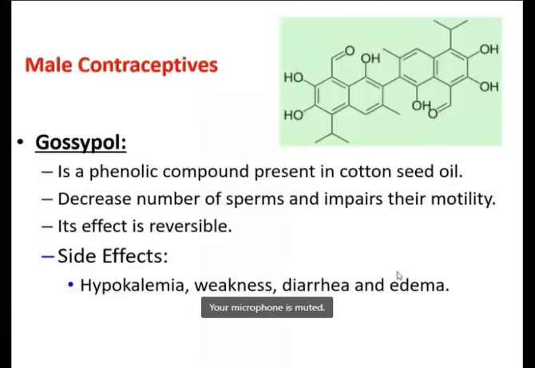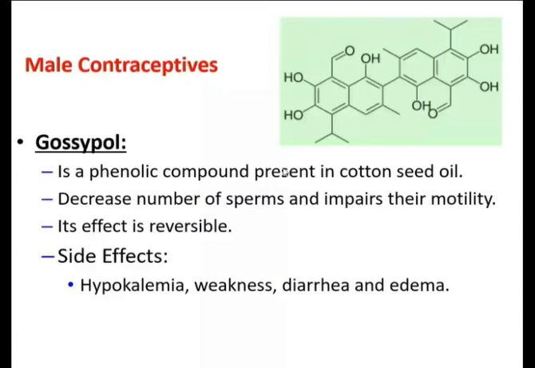There is also a concept of male contraceptives nowadays. It is not widely used, but there is one compound being studied, named gossypol, a phenolic compound present in cottonseed oil.